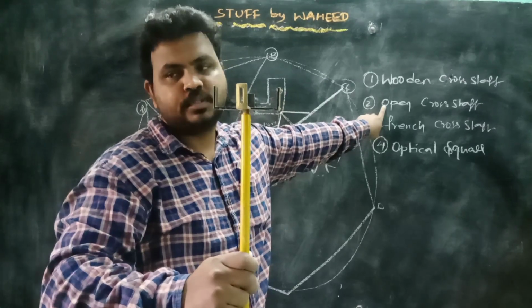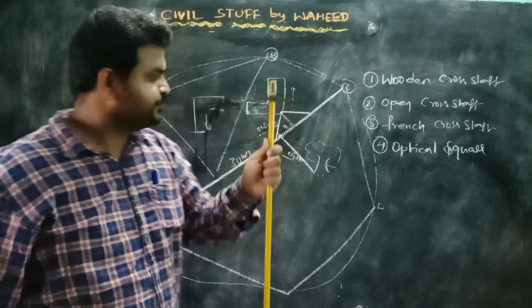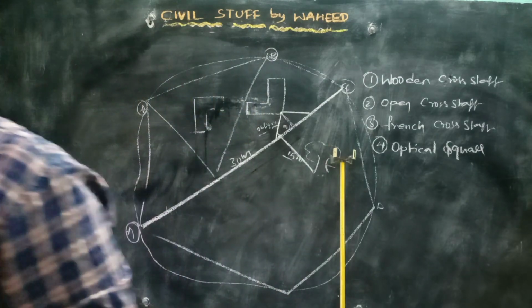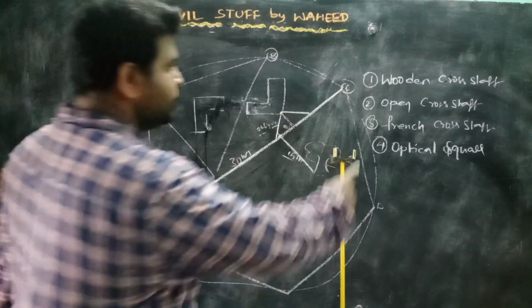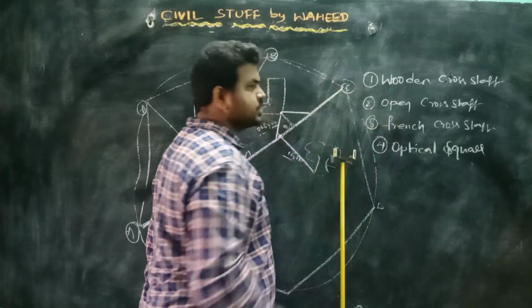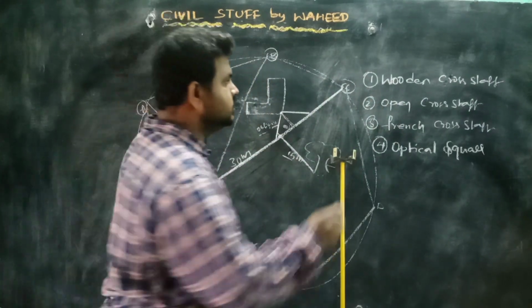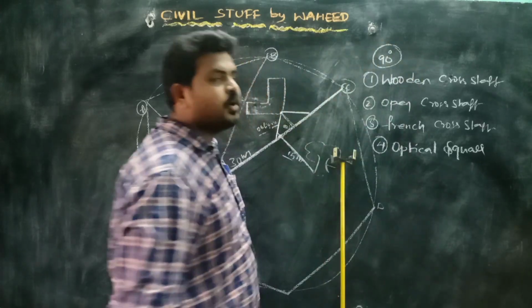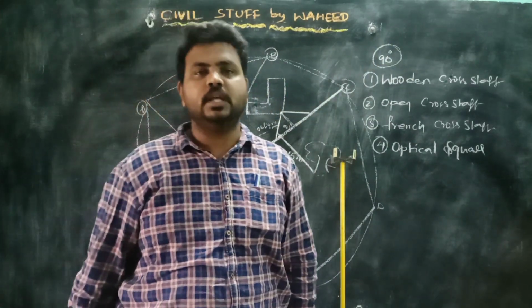Open cross tab. Coming to French cross tab, and here with the wooden cross tab or open cross tab, you can make 90 degrees only. You can make offsets of 90 degrees only.